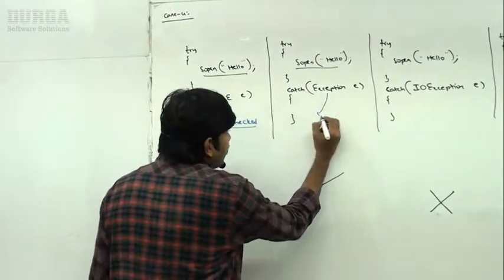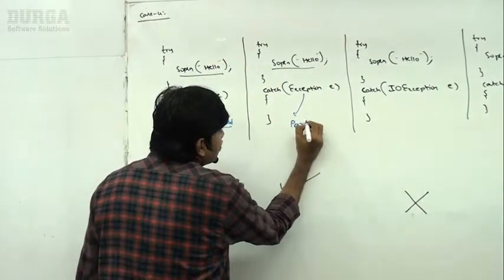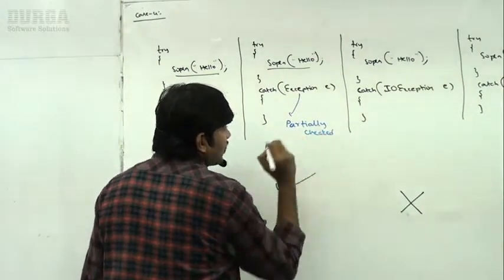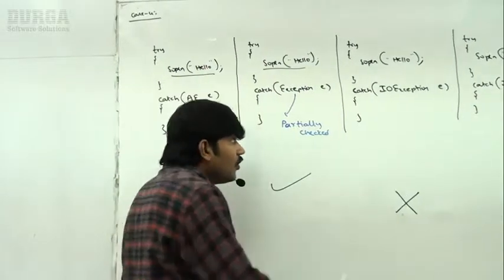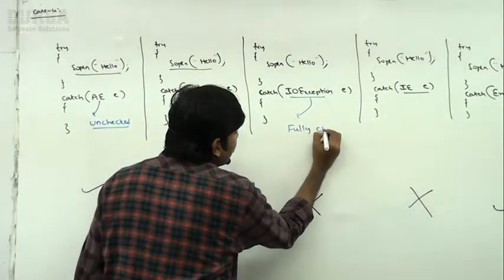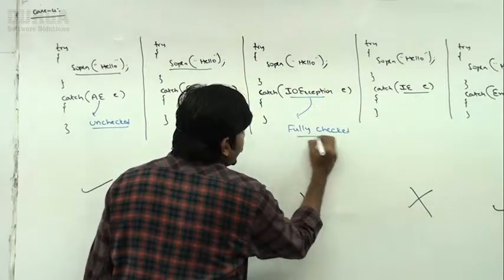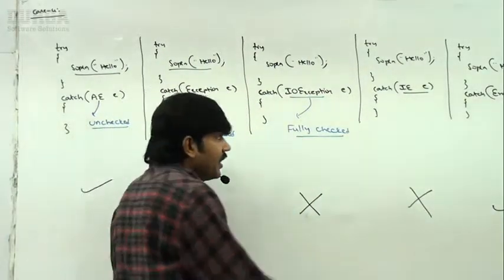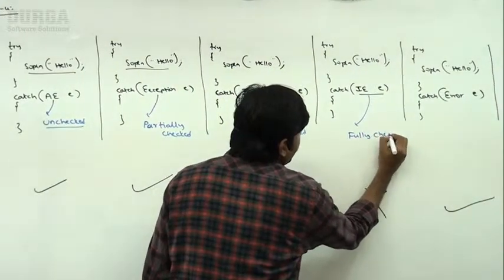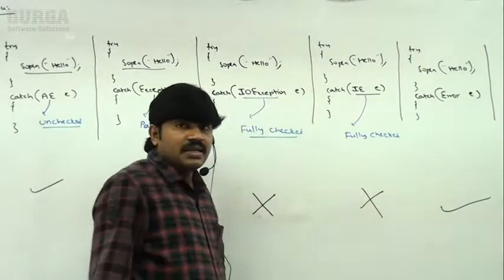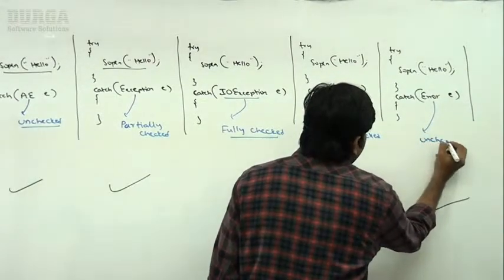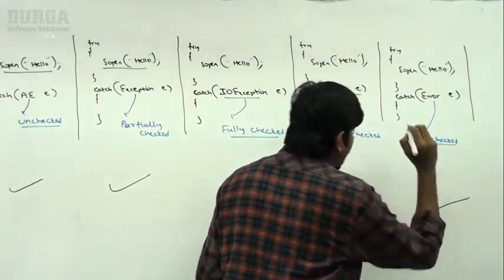Next, Exception is partially checked. IOException is fully checked. InterruptedException is fully checked. Next, Error is again unchecked.